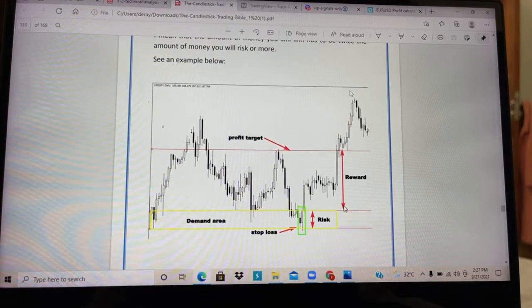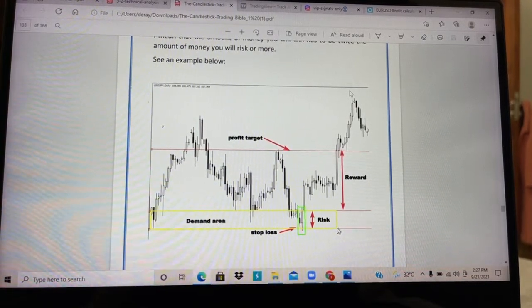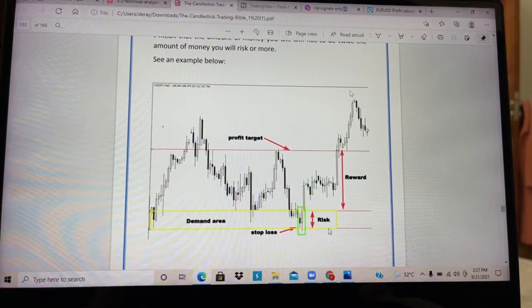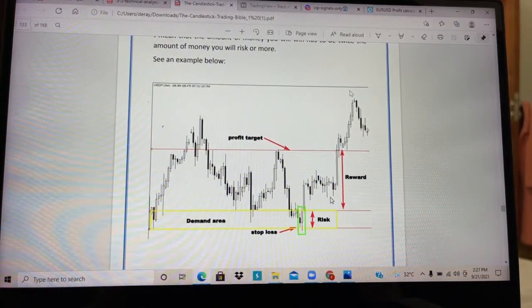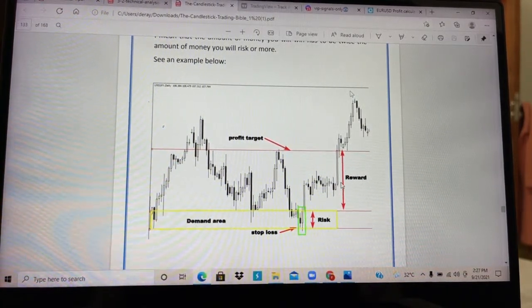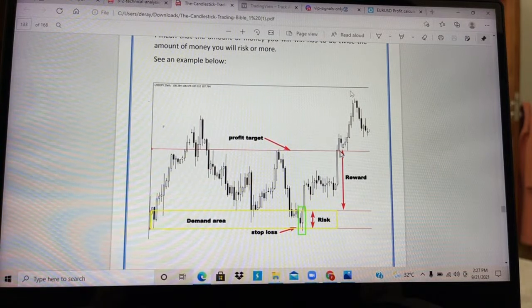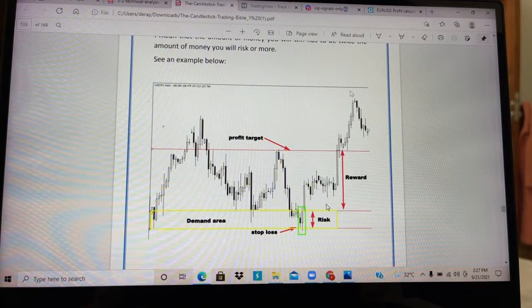As soon as you're in some profit, because the stop was below the entry, what you can do is put it in front of the entry. Let's say we were in a buy, expecting it to go up. We can put the stop loss in front of the entry, so that way we will be risk-free on the trade.